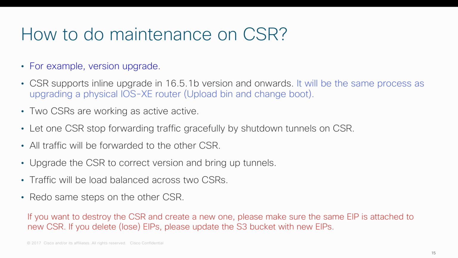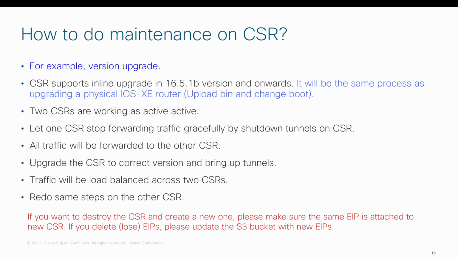If you are running a version below 16.5.1b, this is not supported. You have to create a new CSR, copy the configuration from the old CSR to the new one, destroy the old CSR, and then make the upgrade.